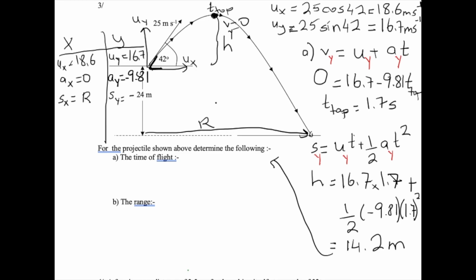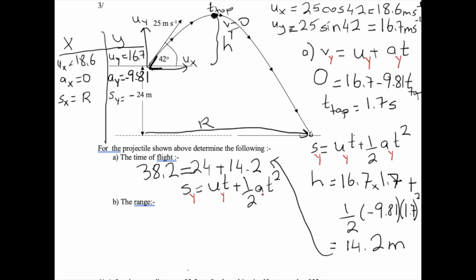To find the total height it's falling from, I'll do this 24 plus 14.2. And now I'm going to calculate with S equals UT plus 1/2 AT squared for the y component only, which I am doing from this instant to that instant.